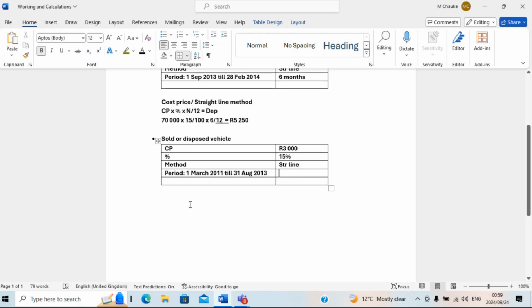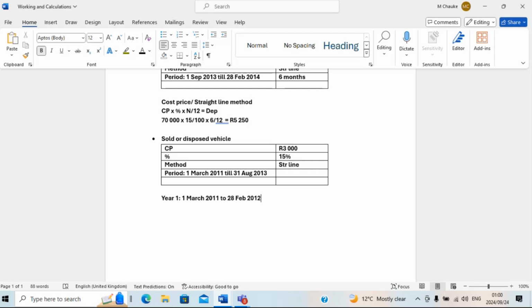We're going to have year one. Year one is going to be 1 March 2011 to 28 February 2012, right?